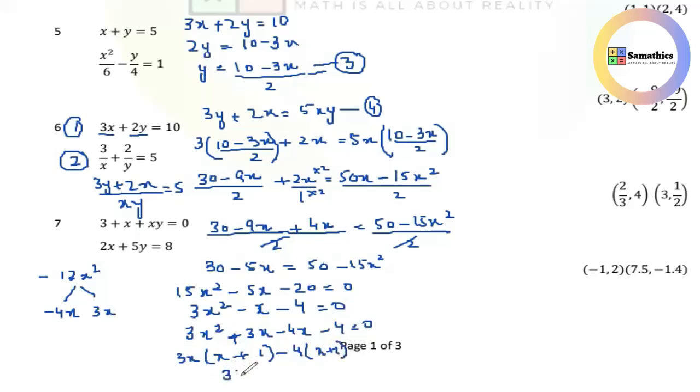So we have (3x minus 4) and we have (x plus 1). Now we have got two values: 3x is equal to 4, so x is equal to 4 upon 3, and x plus 1 is equal to 0, so x is equal to minus 1. So we have got minus 1 and 4 upon 3.